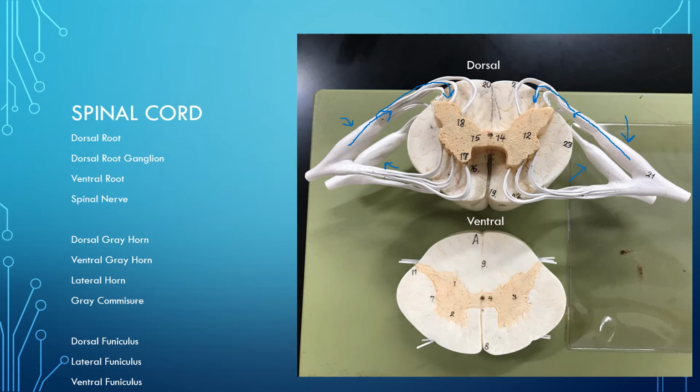So basically it's a collection of cell bodies, and then the axons continue on to the spinal cord. Now, the dorsal side, or the dorsal roots, are always bringing sensory information. That's why I drew in blue. Your textbook uses blue to represent sensory information.